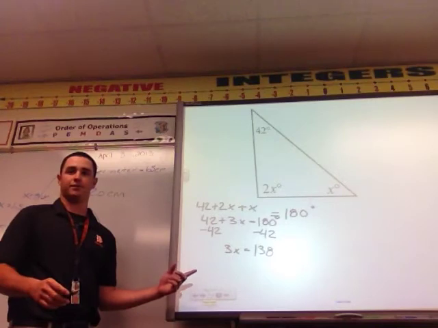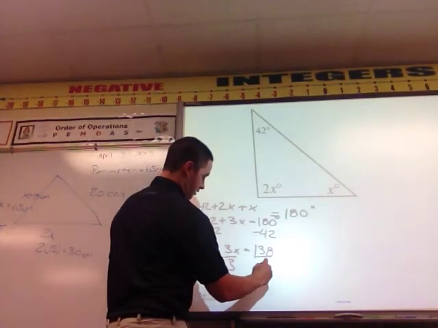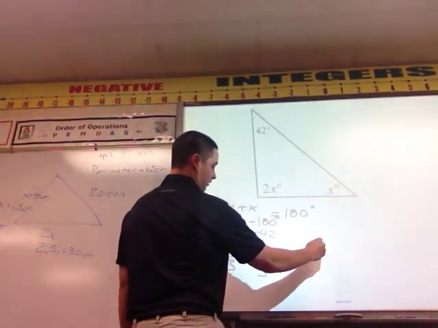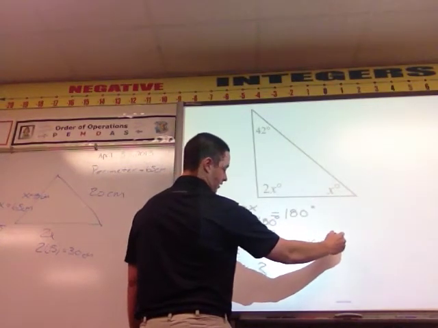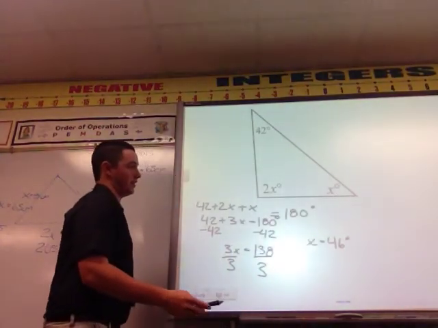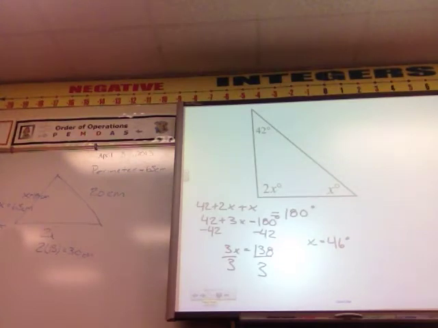To get the x by itself, you divide by 3. So x equals 138 divided by 3, which is 46. So x equals 46.